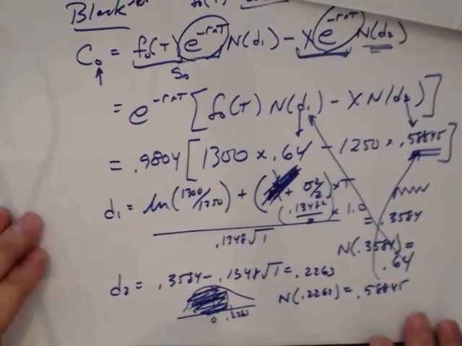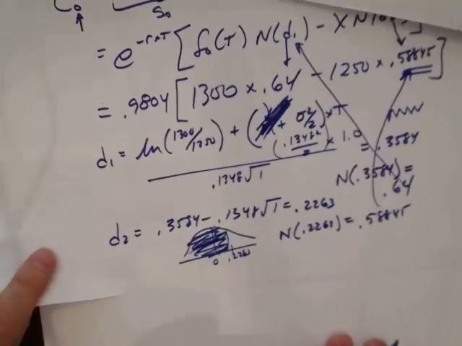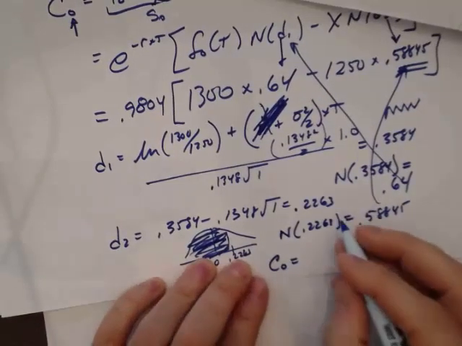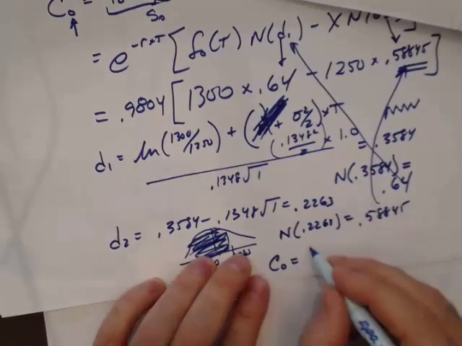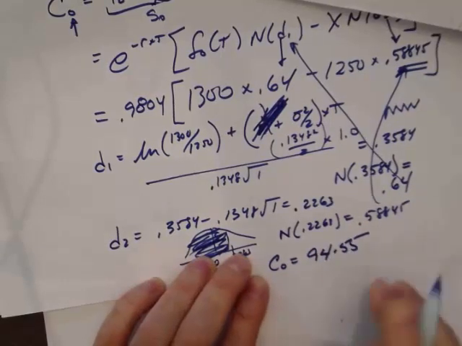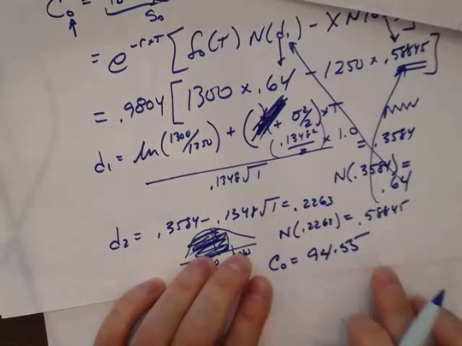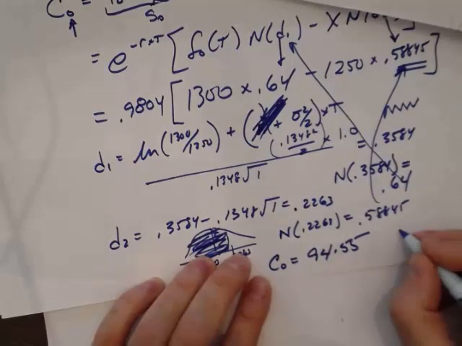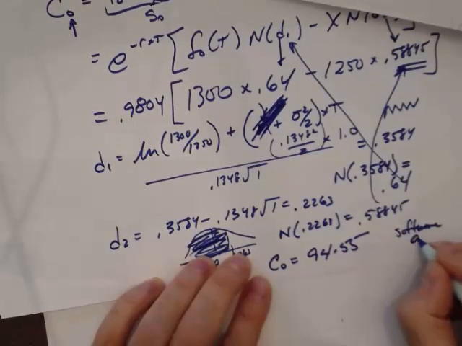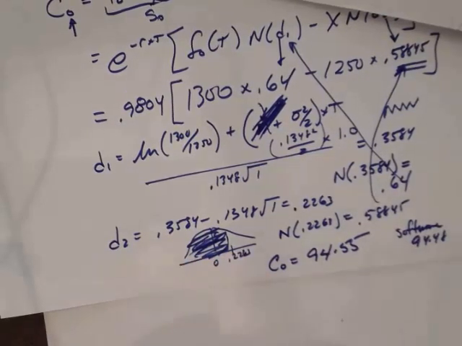So when we do the calculations and we're all said and done, the call today is worth 94.55. That's what I calculated by hand. When I did this in the software that comes with the text, I got 94.48, and that's rounding. Look at all these calculations I do, sure going to lose something in rounding, and I did.